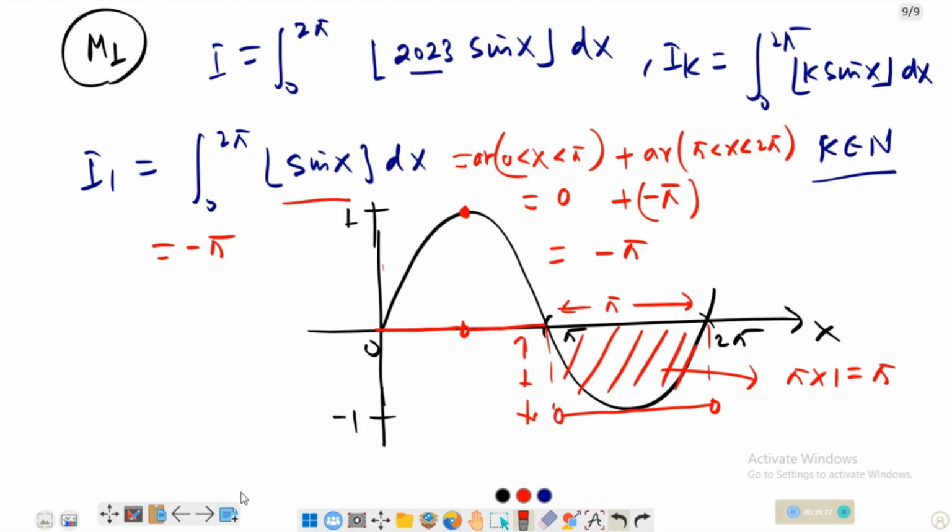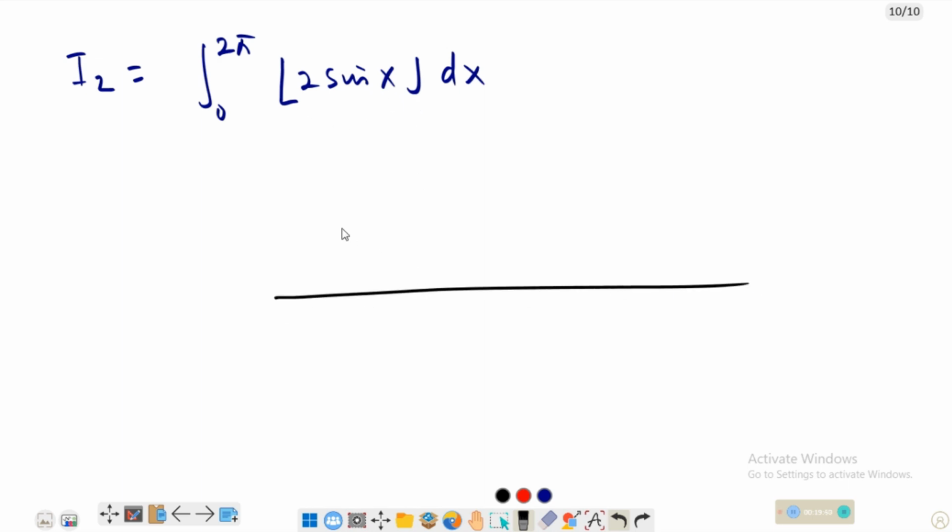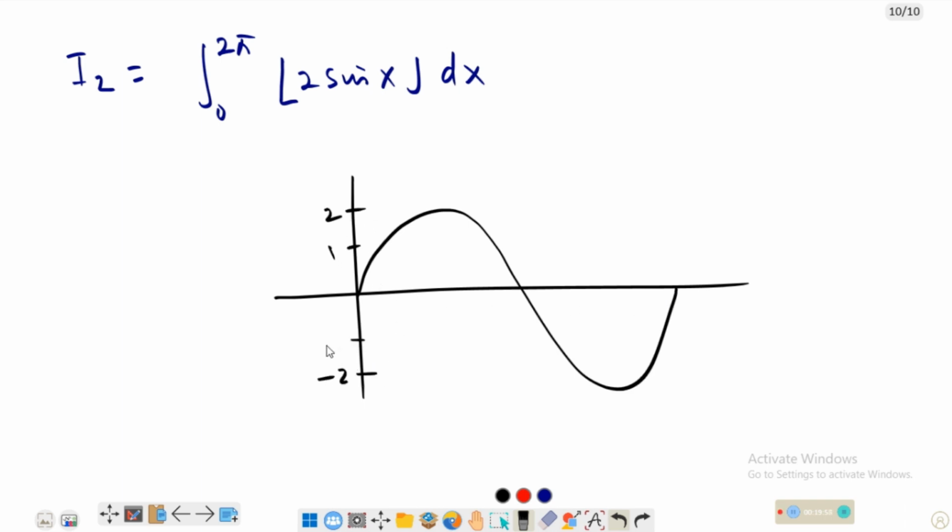So now we calculate I2. I2 is equal to the integration from 0 to 2 pi of greatest integer of 2 sine x dx. So we need to draw the graph of 2 sine x. So this is 2 and this is -2, this is 1 and this is -1, this is 0, and this is 2 pi.